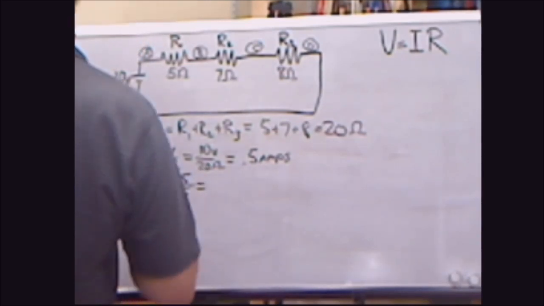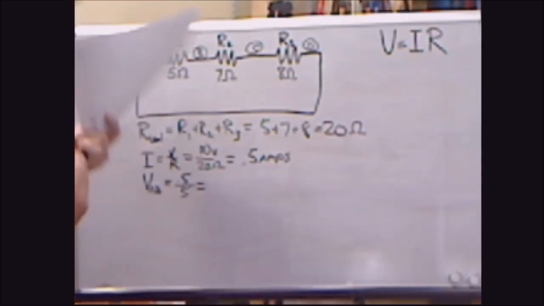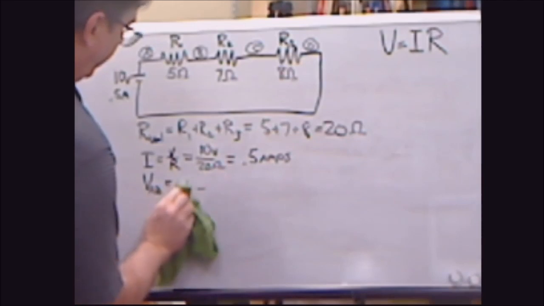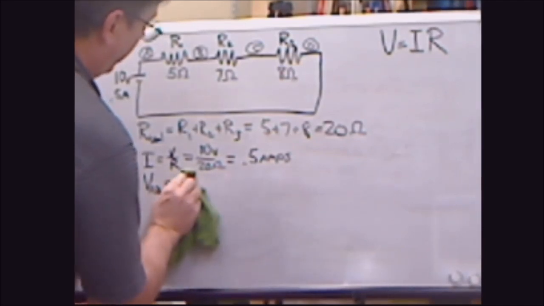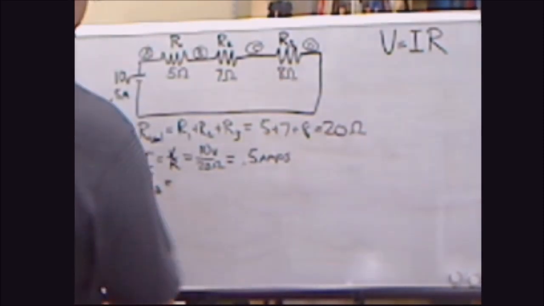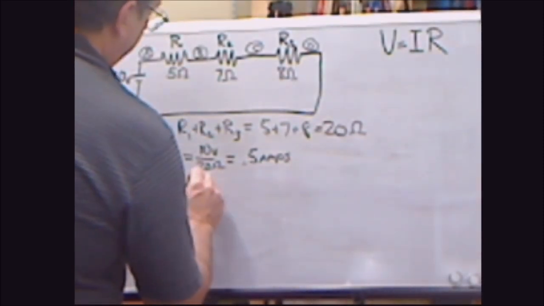Oh, I just made a very silly mistake, didn't I? I hope you caught that before I did. You should, because you're the one who's thinking along with me, and I'm the one who's having to do this on the fly. So V equals IR, right? Duh. IR.